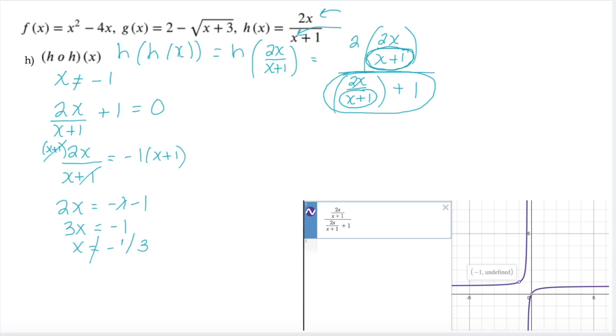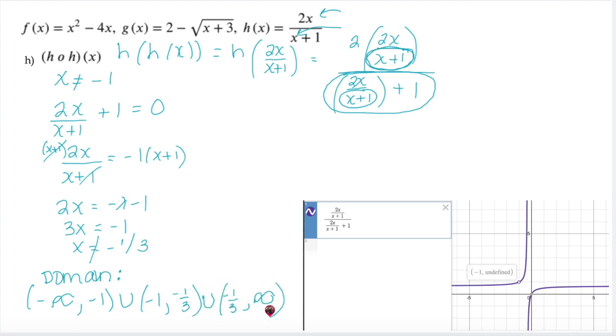So when I start with my domain and we begin from negative infinity, the first value that we will approach is negative 1. We're going to skip over negative 1 to negative 1/3, skip over negative 1/3, and then move to positive infinity. Each one of these locations would have a hole in our graph. We'll talk about that in a moment.